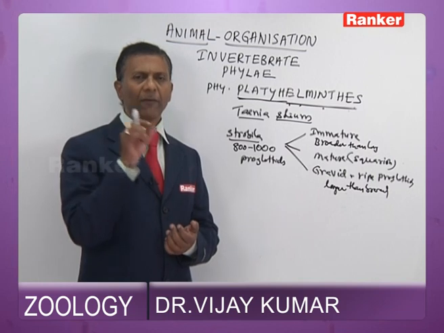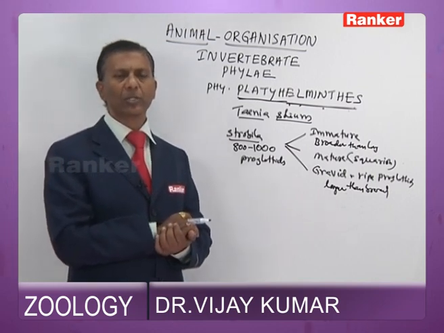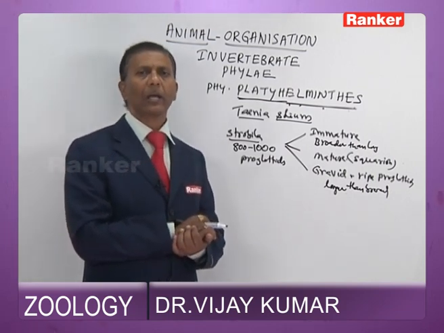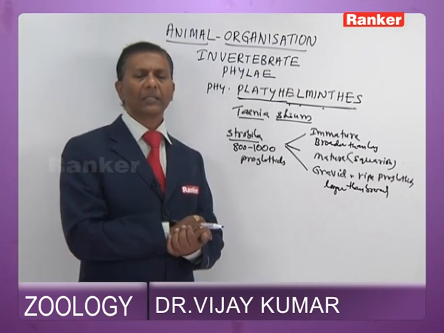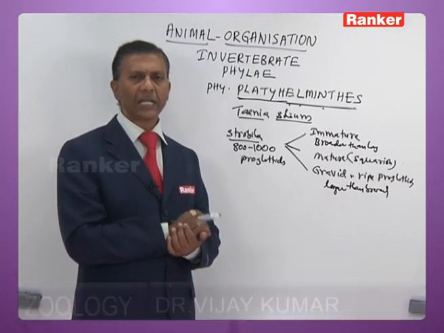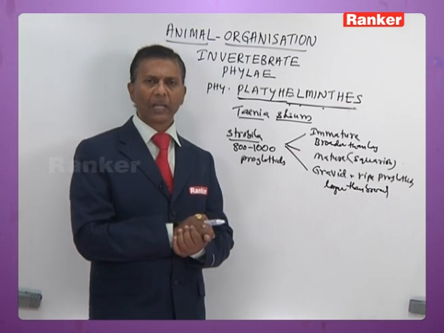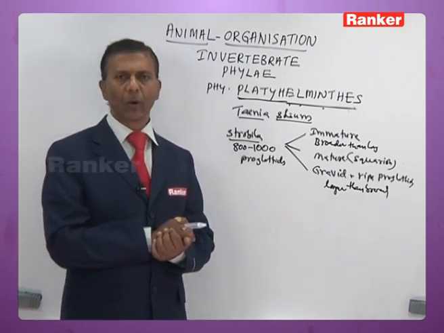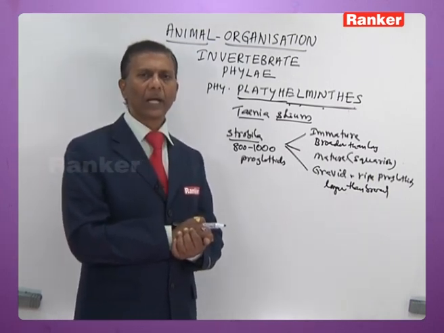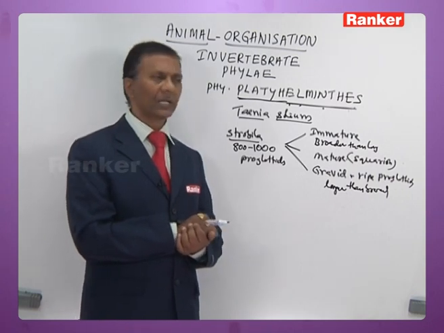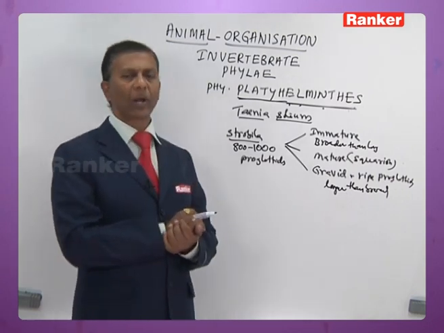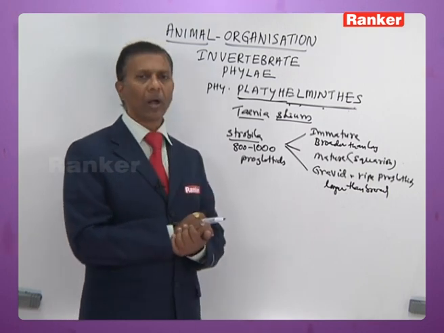Among these, the first 100 mature proglottids are with mature testis and immature ova because of protandry nature. Then the rest of the mature proglottids, that is say 300 to 650th, are the mature proglottids with both testis and ovary. Upon fertilization, they transform into gravid or ripe proglottids. They are longer than broad.